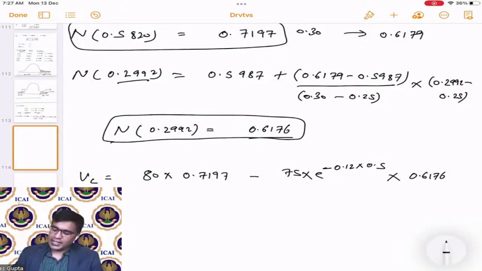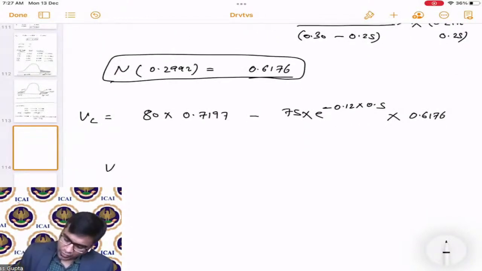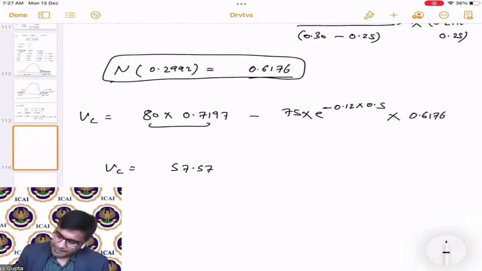Now the value of the call option, this we solve, is coming out to be 57.57 minus 75 divided by e raised to the power 0.12 times 0.5 multiplied by 0.6176.